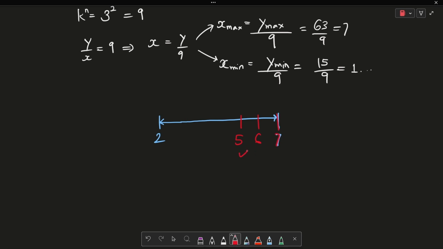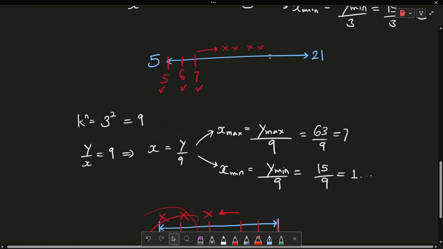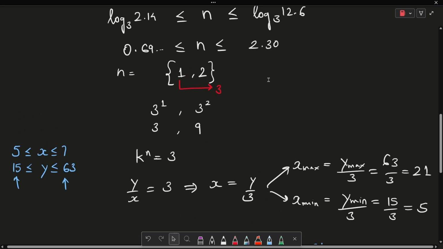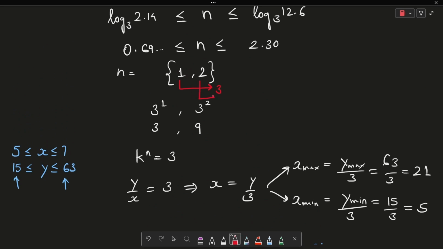So I can take 5, 6, and 7. But these values 3 and 4, I cannot take them because they are to the left of the range of minimum possible value of x. So I'll have to take these 3 values only. So for this as well, I got 3. For n equals 2, I got 3 ordered pairs x comma y.